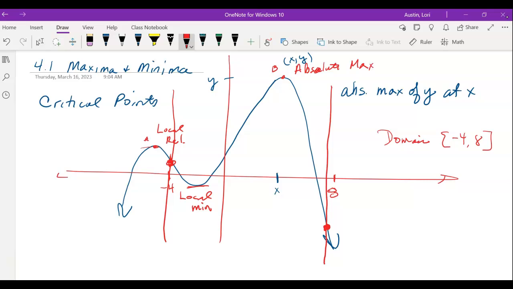So we're forgetting everything over here, and we're forgetting everything over here. We're just going from here to here. Do I have an absolute minimum value? Yes. Since we're on the closed interval, I now have an absolute minimum value. This is definitely lower, right there. Do you see that?